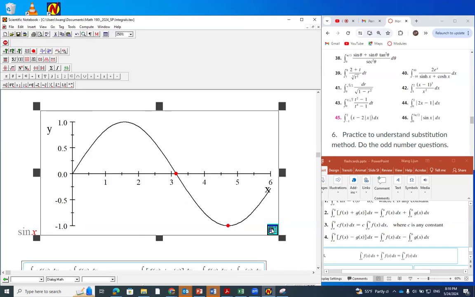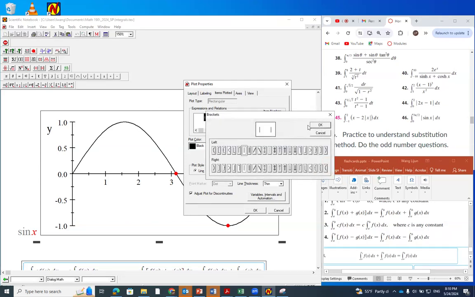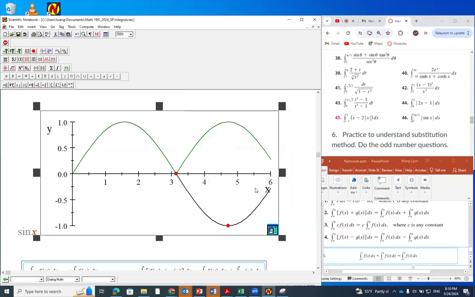So I'm going to show you the curve, the absolute value of sine of x. Sine of x. I think the symbol has to be entered this way. Change the color. There we go.